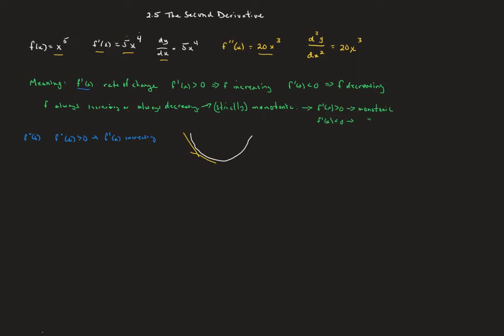So if this was, say, a slope of -1, and maybe this had a slope or a derivative of -1/2, and then 0, as we move along this way, we can see that those slopes, those derivatives, are getting bigger. -1/2 is bigger than -1, 0 is bigger than -1/2, and then maybe we have a slope of 1, which is bigger still, and maybe a slope of 2 or 3 or something that's bigger still.